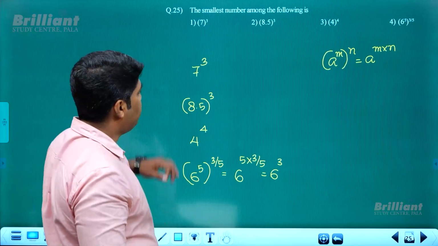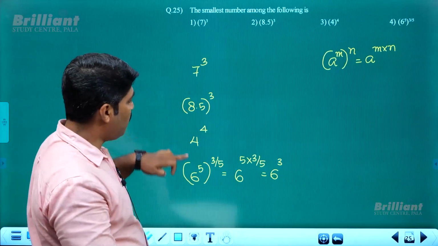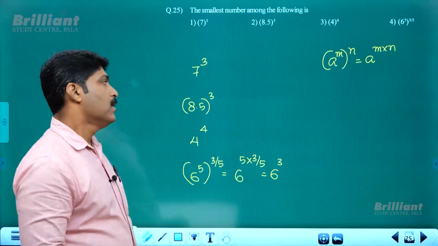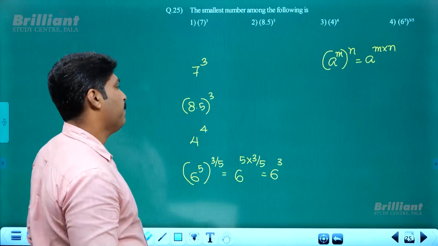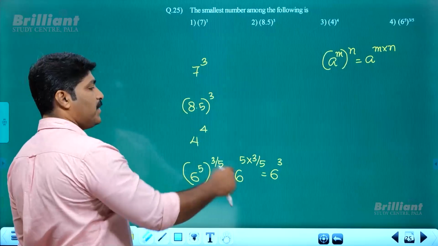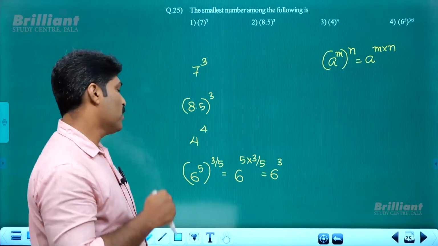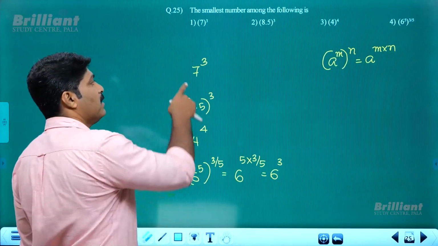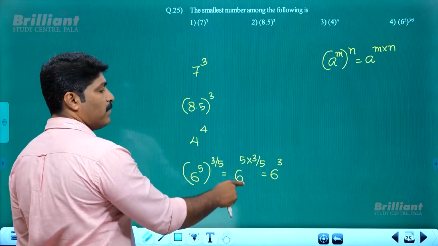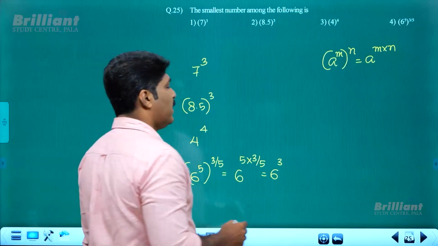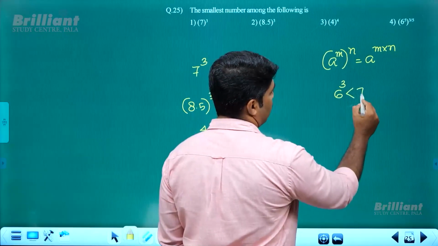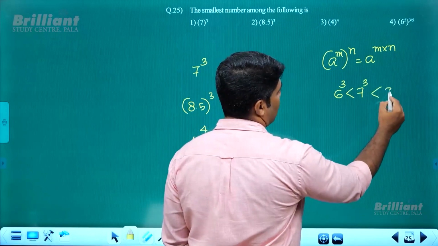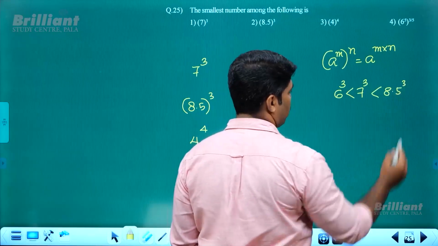While considering these three numbers, 7 cube, 8.5 cube, 6 cube, we are going to find out which is the smallest among them. Here we know that 6 cube is the least among them, then 7 cube, then the largest one is 8.5 cube.